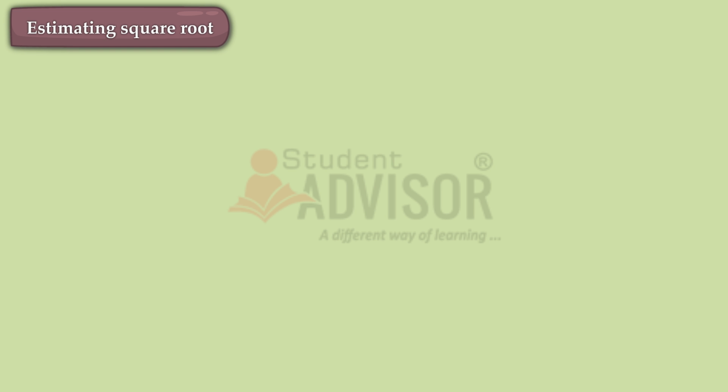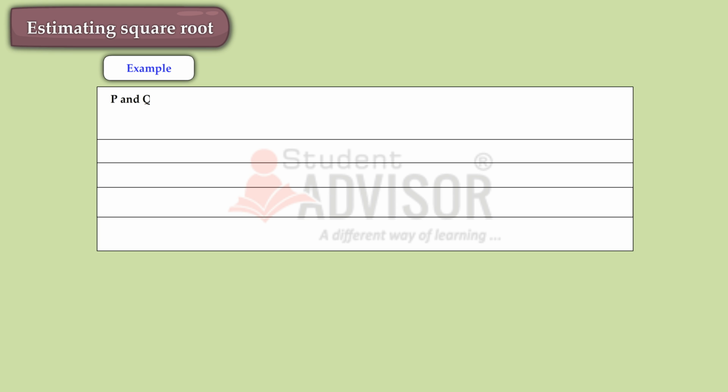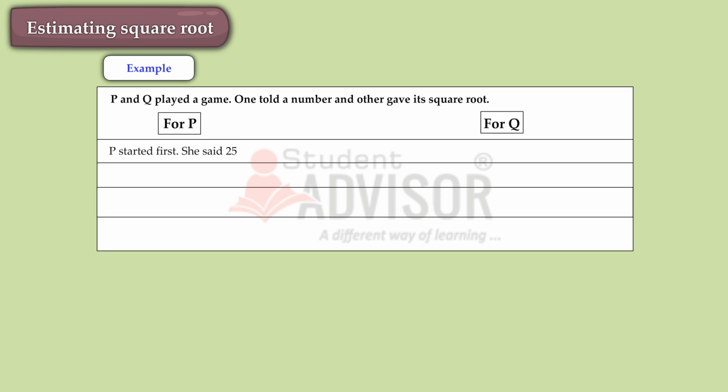Estimating square root. Understand the estimating square root with the following example. Example. P and Q played a game. One told a number and the other gave its square root. P started first. She said 25. Q answered quickly as 5.